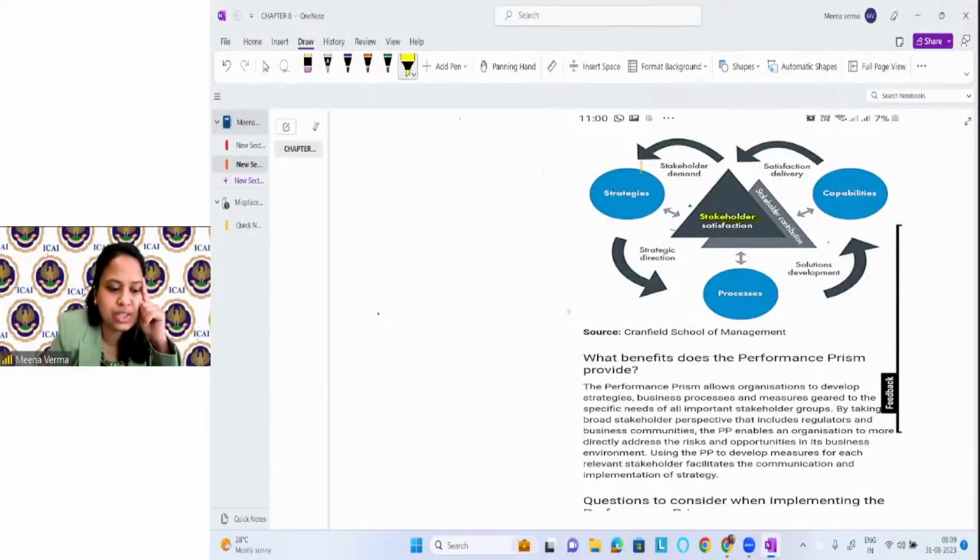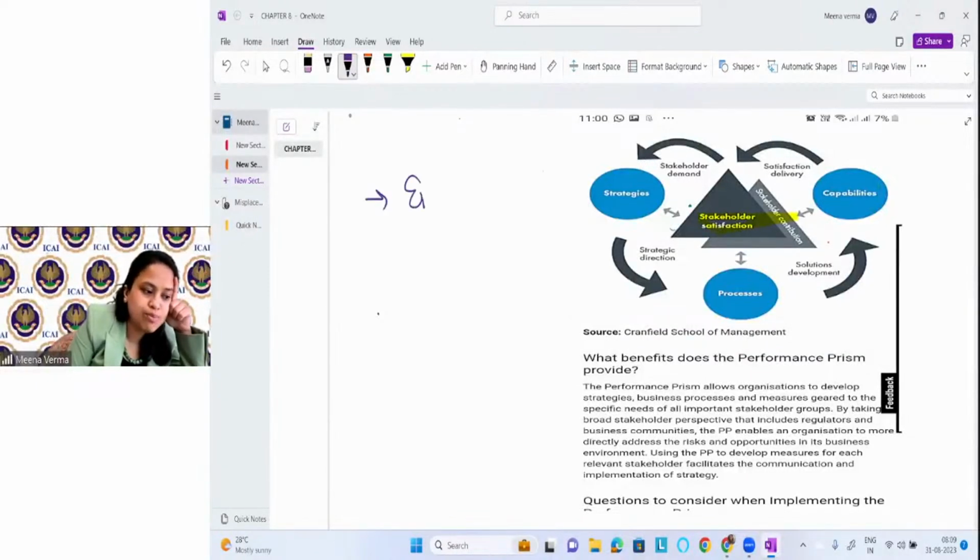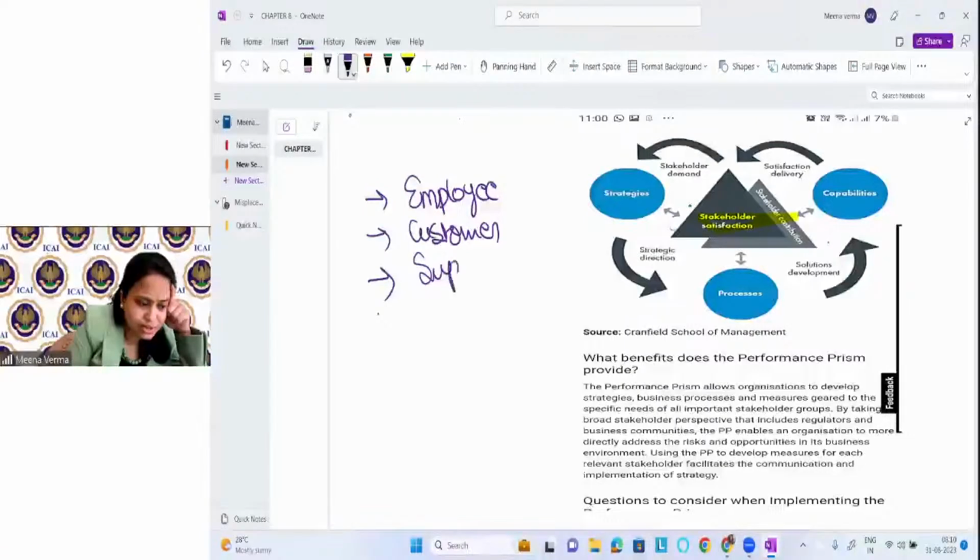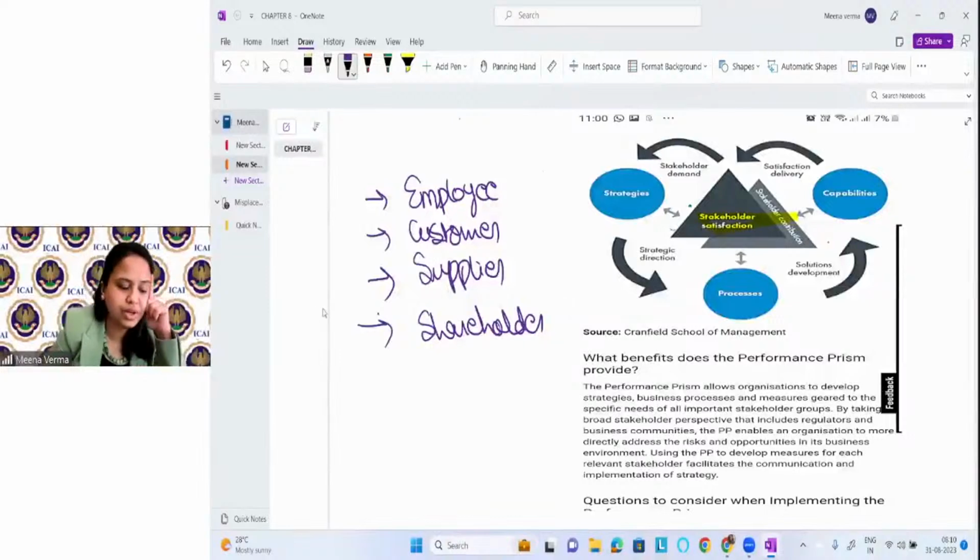What do we have to consider? Stakeholder satisfaction. Whether all the stakeholders, not just the shareholders. Who are the stakeholders? Let's talk about it. Employee, yes, it is one of the stakeholders. Customer is one of the stakeholders of the company. Supplier is one of the stakeholders of the company. Shareholder is one of the stakeholders.